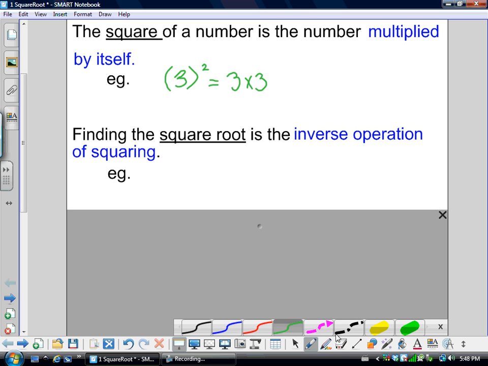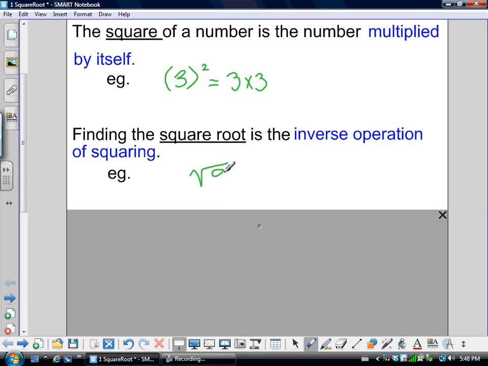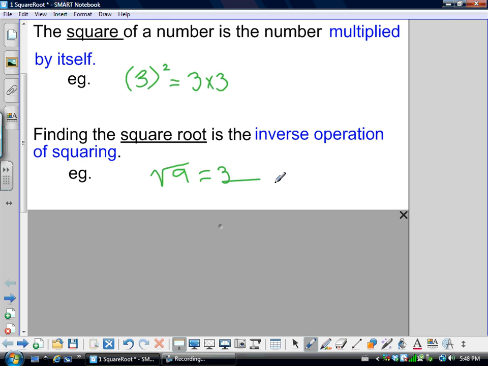So in this case, if I took the square root of, for instance, 9, I know that equals 3. And why does that equal 3? It equals 3 because the square root of 9 equals the square root of 3 times 3. Okay, so you can see how they're related to each other in that respect.